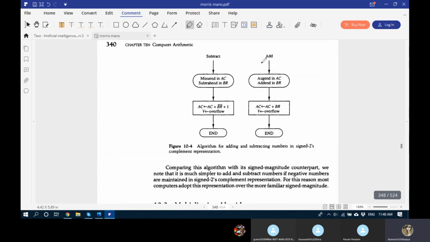When you have to do addition, you do augend AC and addend BR, and then you add both and store the result in accumulator and overflow in V. When you perform subtraction, minuend in AC, subtrahend in BR, and then you take 2's complement of BR, add with AC and get the result, and overflow is stored in V. This is the algorithm for adding and subtracting in signed 2's complement.